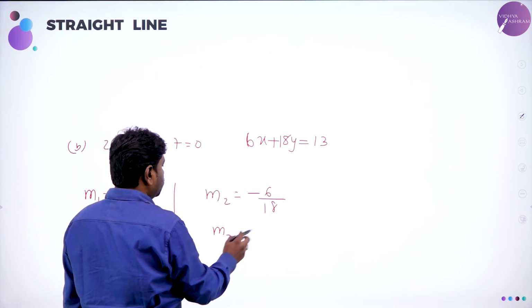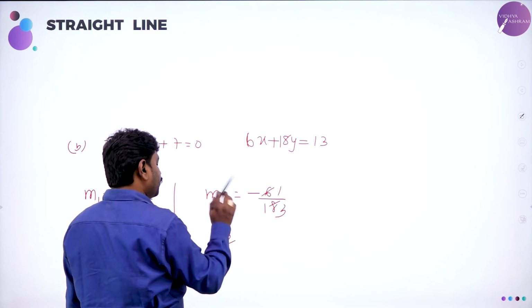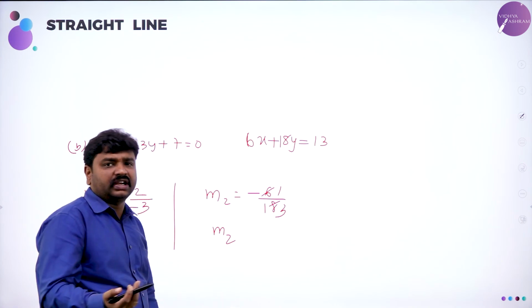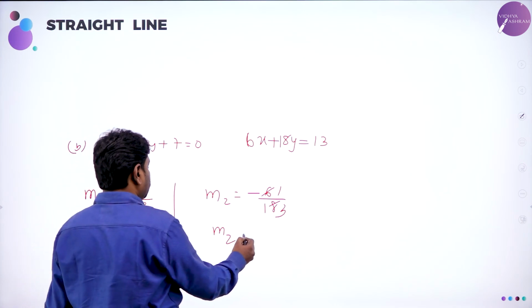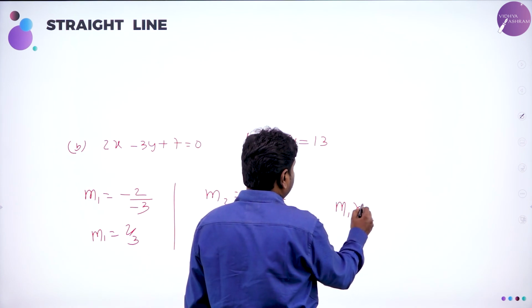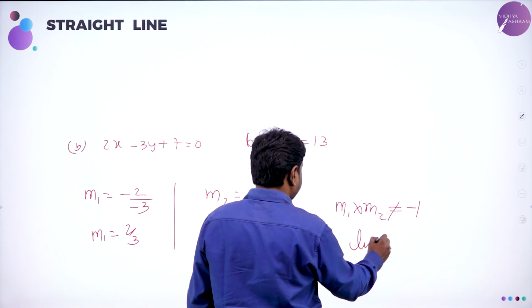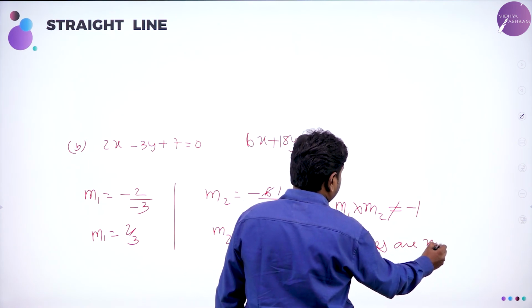So if I do that, 6 1s are 6, 3 6s are 18. Still, if you take 8 or 18, it will not match. So they are not perpendicular. 1 by 3, if I take 18, m1 into m2 is not minus 1. Therefore lines are not perpendicular. B, lines are not perpendicular.